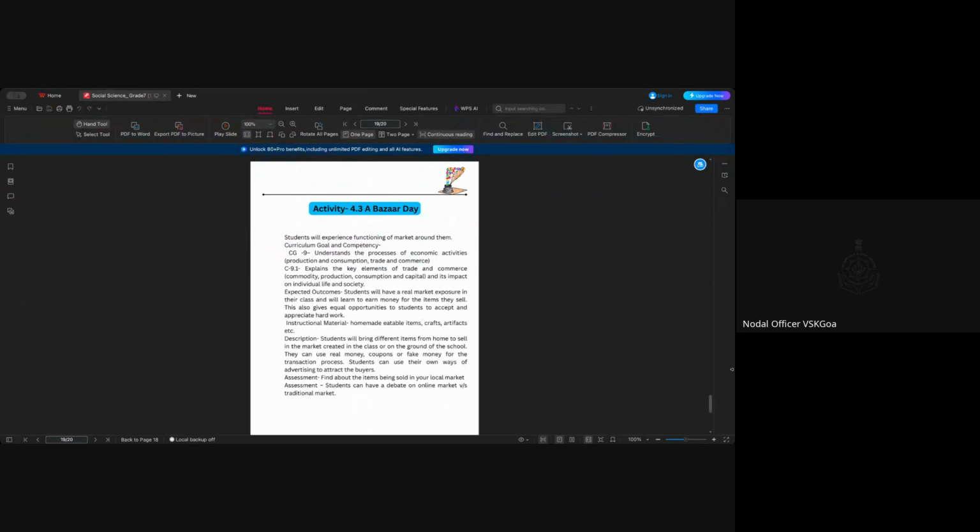So these are some of the activities designed as per the textbook for 4 weeks, and the teacher is expected to conduct these activities by involving maximum participation of the students. Once again, I'm reminding that the teacher should not compel the child.